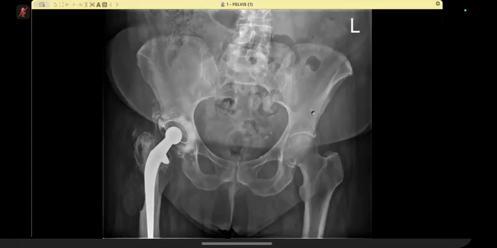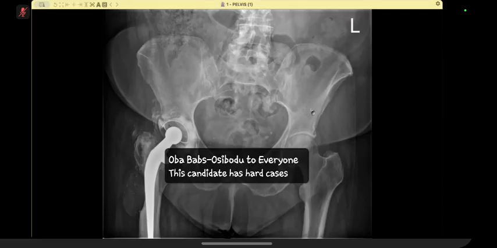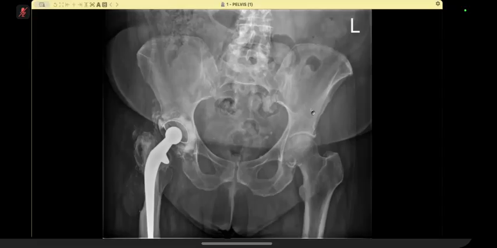Some hyperdensities and opacity are seen around the right hip joint, which could be because of complications of the metallic prosthesis. I'm just trying to look at the other bones for any other abnormality.